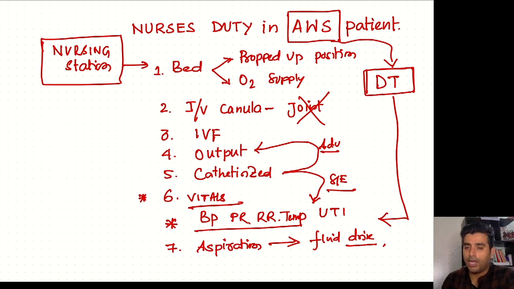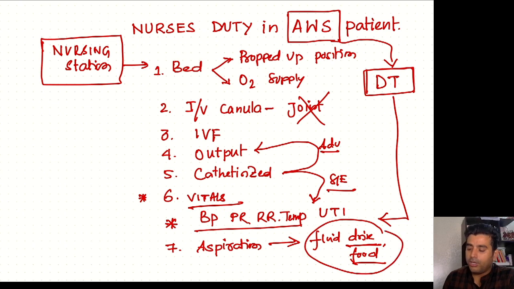I don't know why, but anyway, if you are giving a drink or any kind of food, and the patient is taking it in the lying down position, there is a very high chance that food will not go into the stomach, rather it will go into the respiratory tract, and the patient will have breathing difficulty, cramps and all, everything in the chest if you auscultate, and the patient may collapse in the ward itself. So definitely, once the patient is in delirium, try to avoid giving food or any kind of drink.